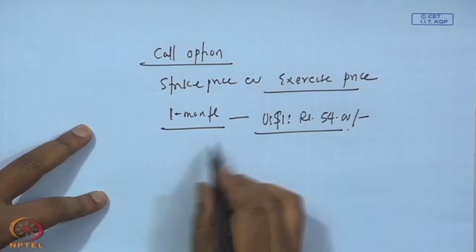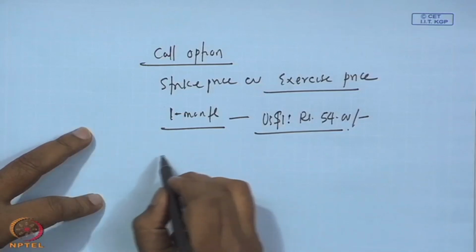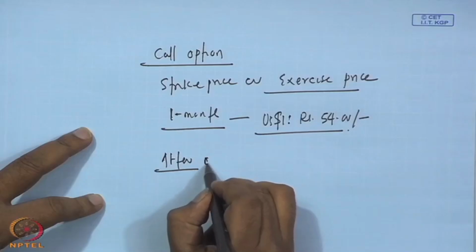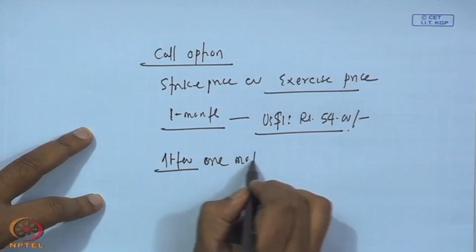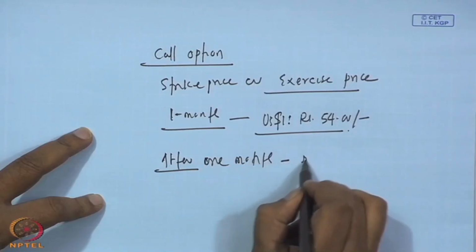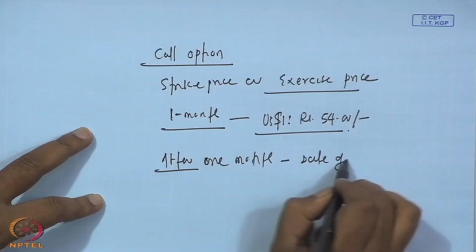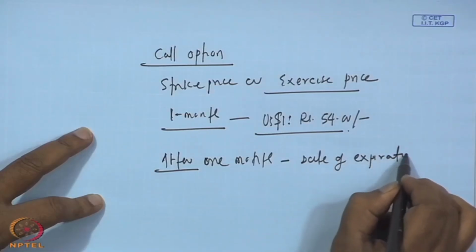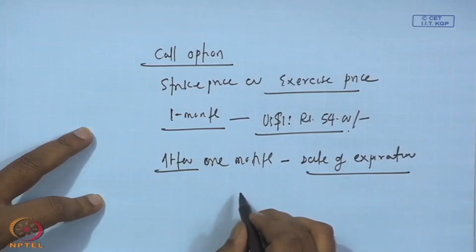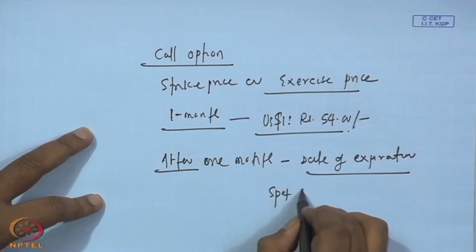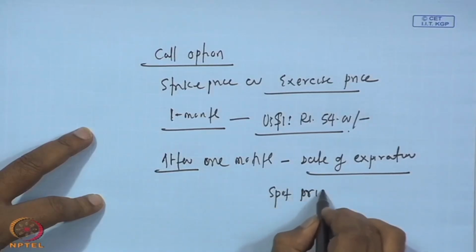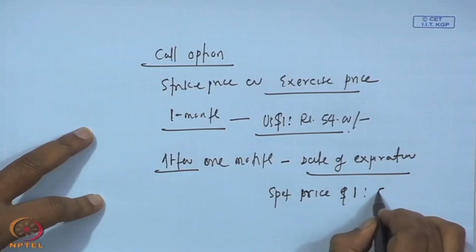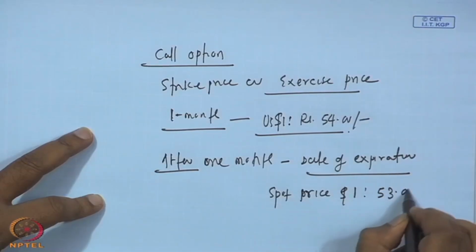Suppose after 1 month, that is the date of maturity or expiration date of the option, the spot price of $1 is available at 53 rupees.